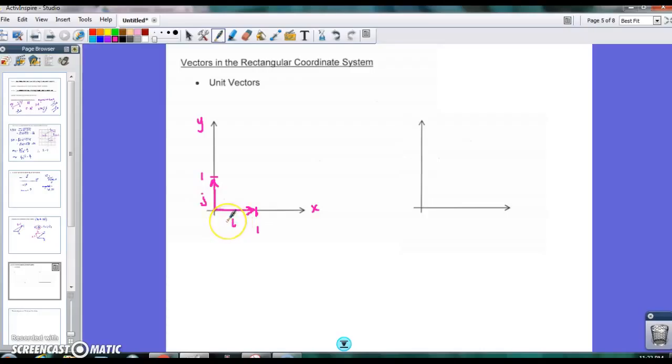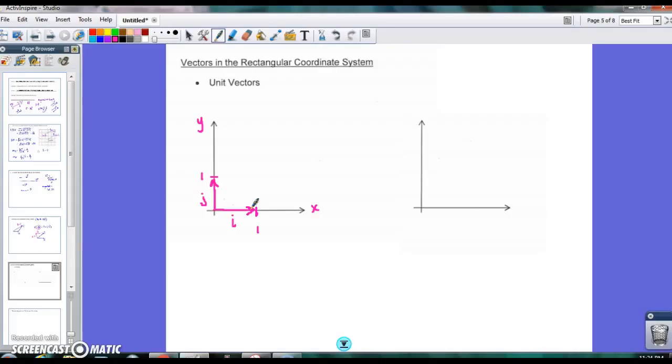Okay, so i is the unit vector along the positive x-axis, j is the unit vector along the positive y-axis. Unit vector meaning it's just 1 unit.